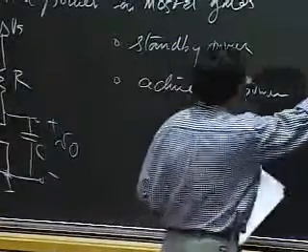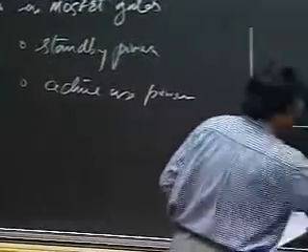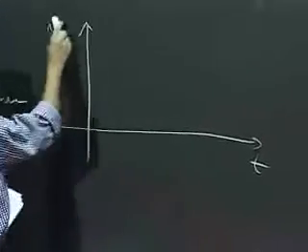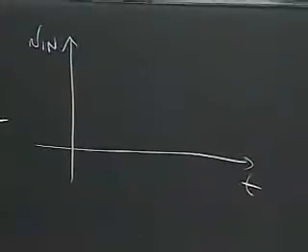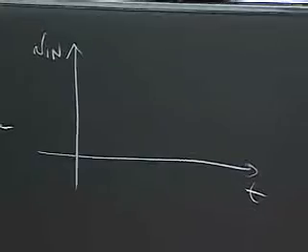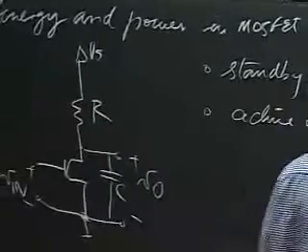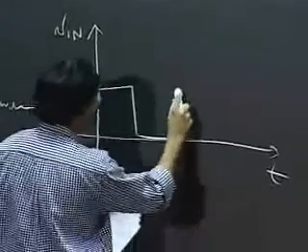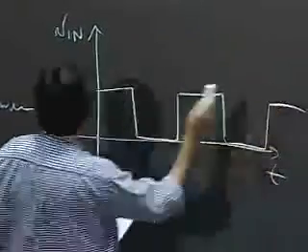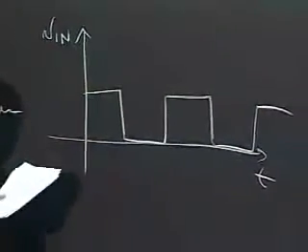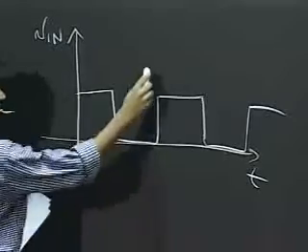So what I'm going to do is assume for the power discussion that the inverter is driven by a square wave signal of the following sort. So this is Vin, and I would drive this with a signal of this sort.